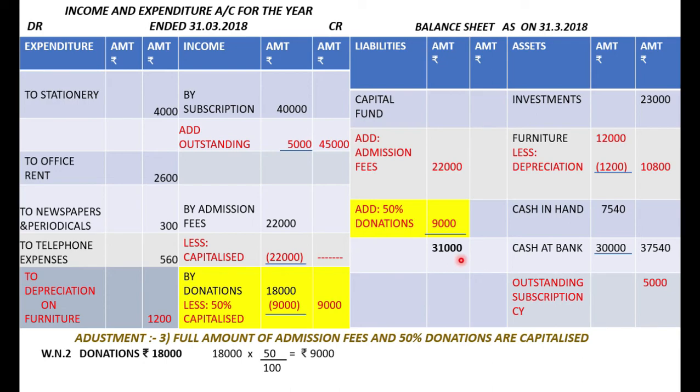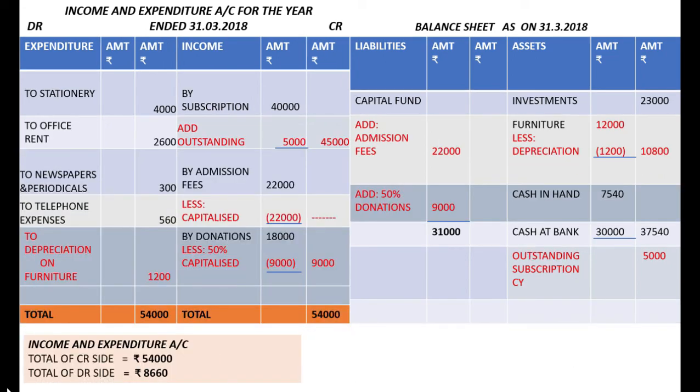So with this we are done with the adjustments. Now we will do the closing. First, we will close income and expenditure account. You will take the total of debit side and then you will take the total of your credit side.